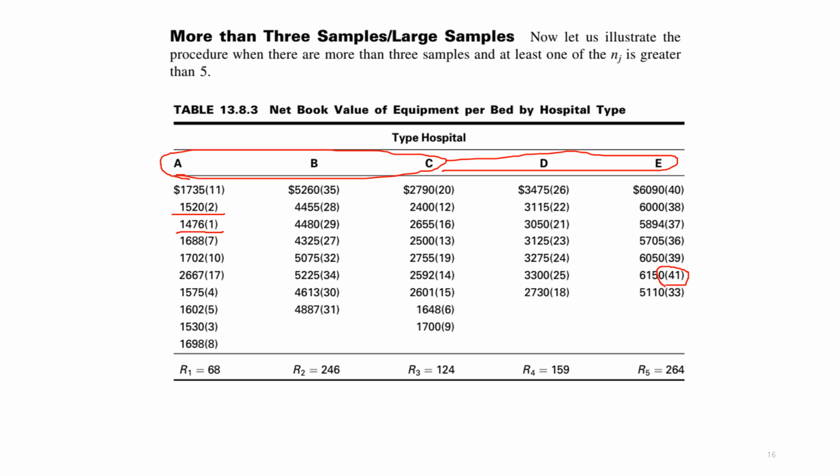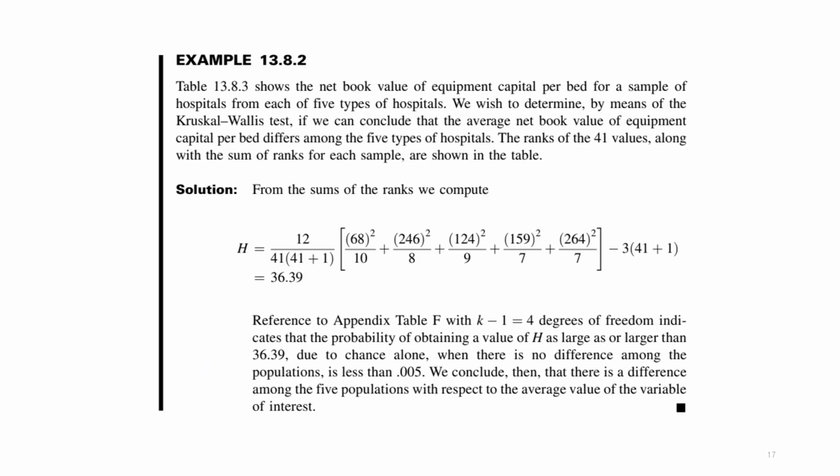Then we sum all the ranks, R1, R2, up to R5. In the previous example, we had 3 groups, but here we have 5 groups. Expand to 5, then all the other calculation procedures are the same.